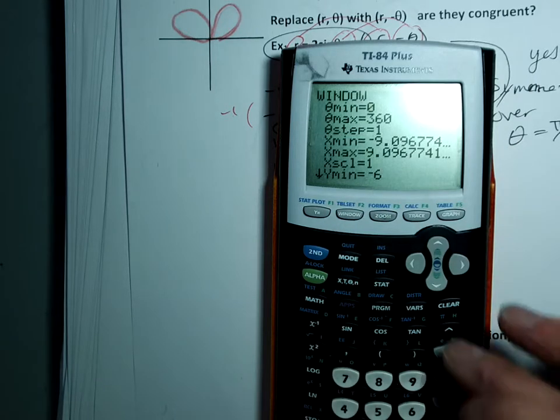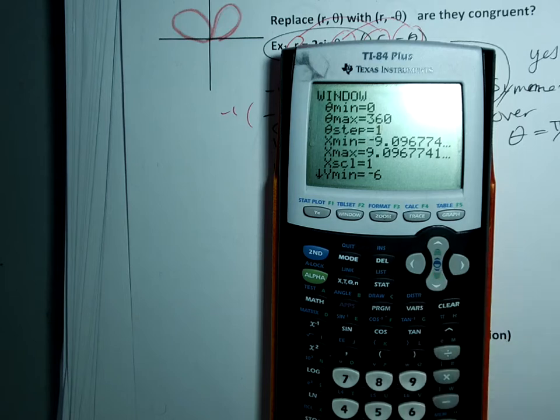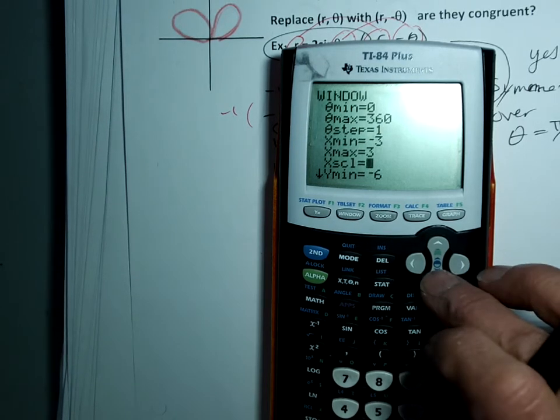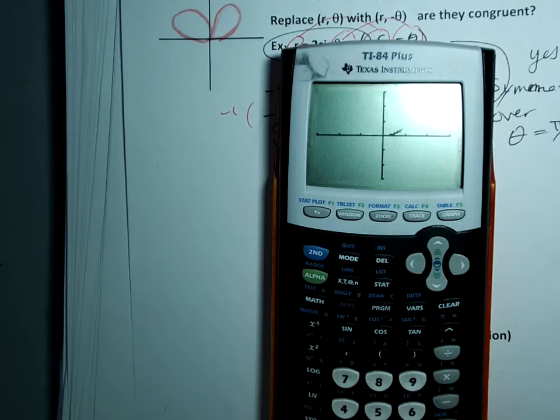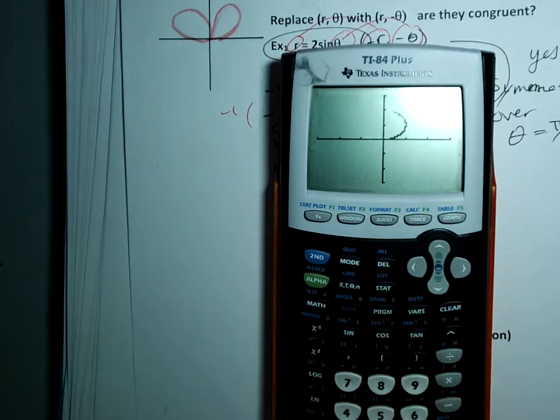Let's go negative 3 to 3 and another negative 3 to 3 and graph it. And again, it's a circle, isn't it? If I were to take this circle and spin it around the whole pi half, it's symmetrical, isn't it? You can just see it.